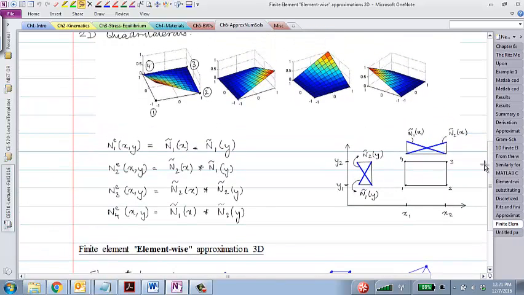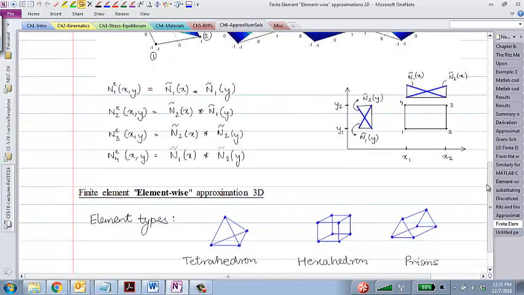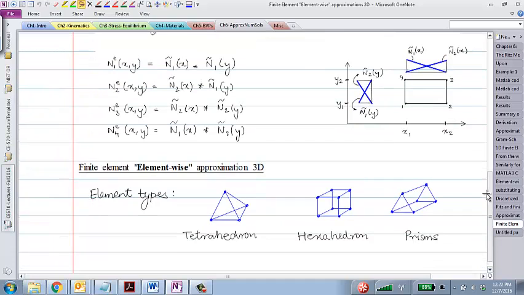And now people have done a lot of research on this already, of course. People have tried higher order functions to simulate the displacement within an element much more accurately, rather than just a linear combination of linear shape functions, but again, those are things that you would see in a future course.